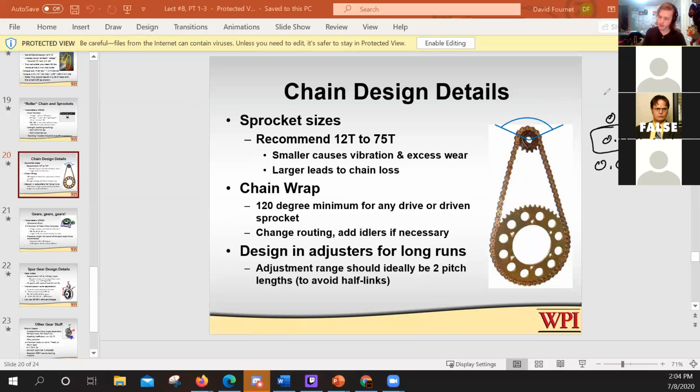And then let's do 12 divided by 75. Yeah, 0.16. That would not work for your torque output. So, sorry, I said it backwards a second ago. Smaller number is better for torque. Bigger number is better for speed.